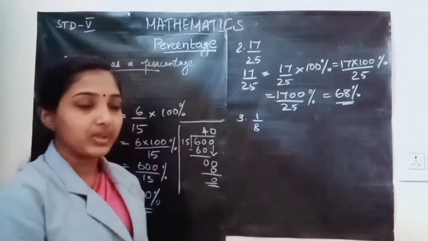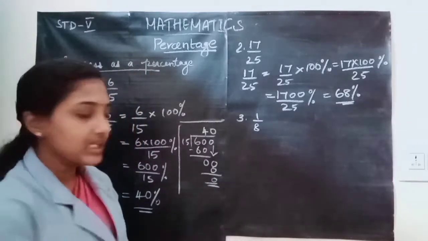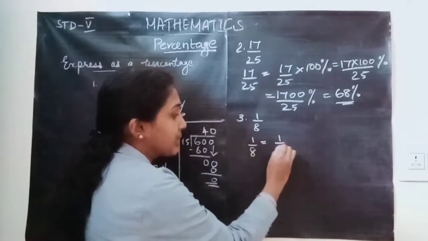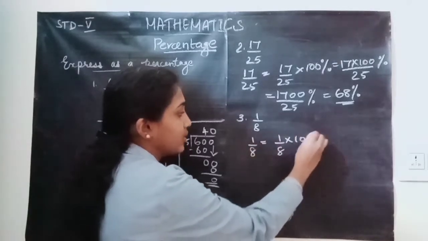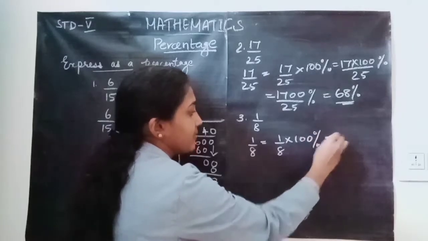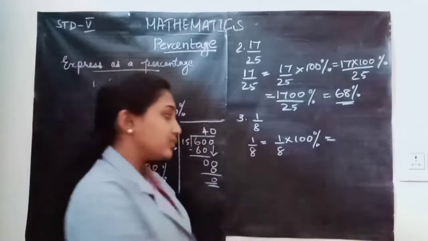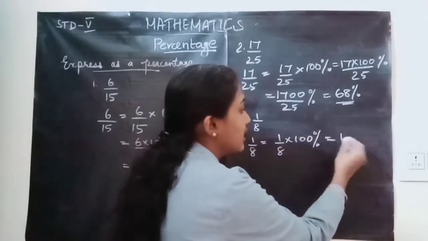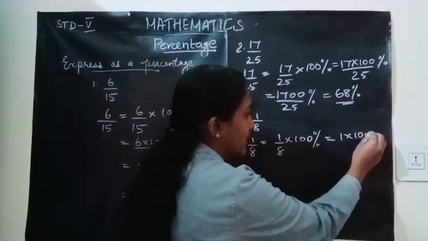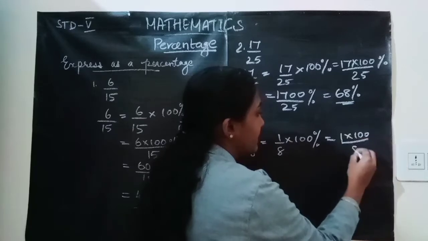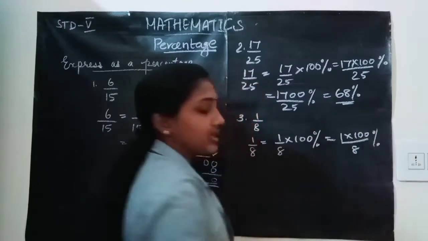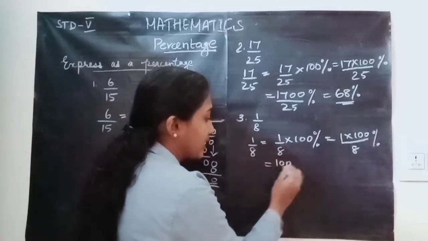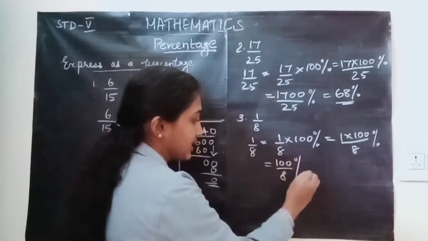Moving to our next one, it is 1 by 8, and to express it as a percentage, just multiply the given fraction into 100 percentage. So it is 1 into 100. We are always multiplying the numerator into 100. So it is 1 into 100 divided by 8 percentage, and 1 into 100 is 100 by 8 percentage.